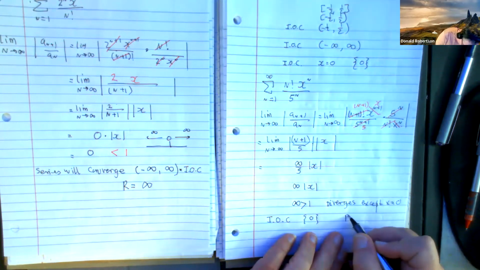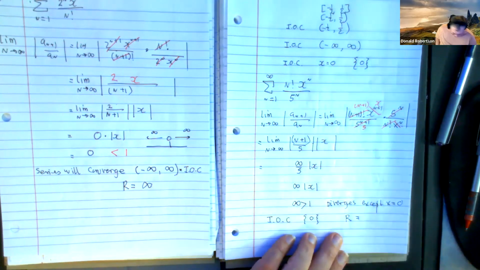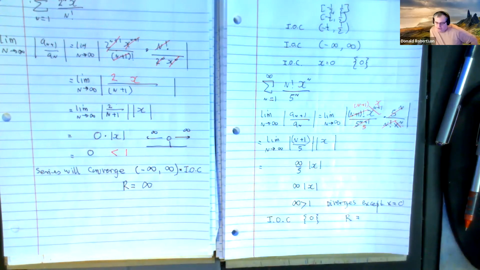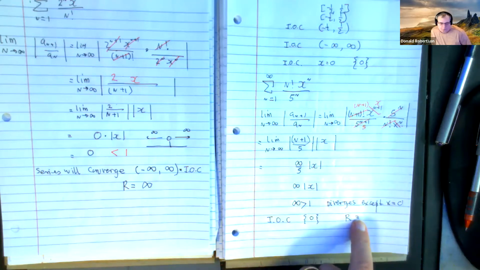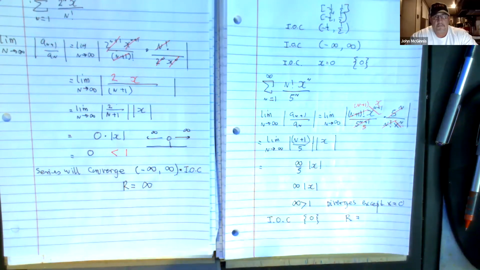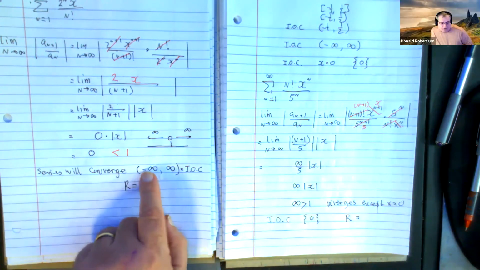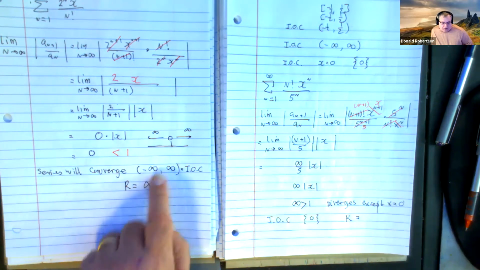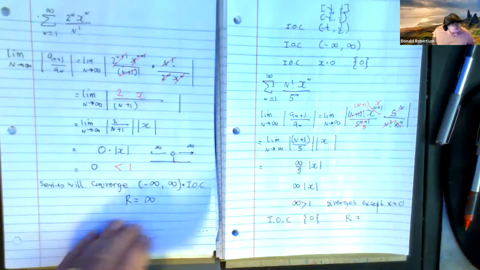What would the radius of convergence be if the interval of convergence is 0? Is it undefined? No, it's a number. So in this case here, it was infinity.